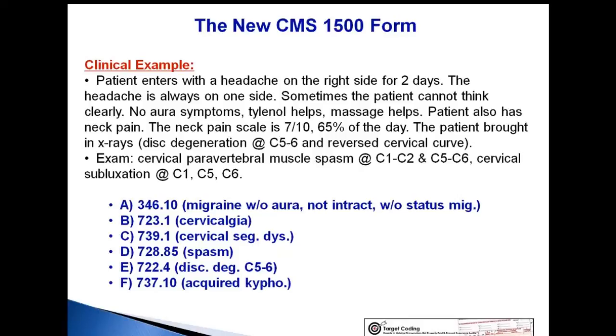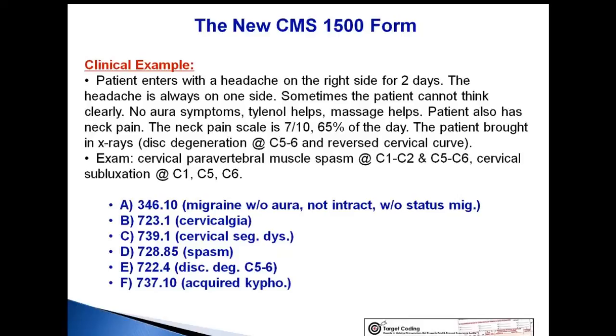You should know if the patient has aura symptoms or not. So what's aura? Aura is that perceptual disturbance that occurs before the headache even starts. So the patient might have different smells and confusing thoughts and can't think clearly, and this is before the headache even occurs. So this patient didn't have any aura symptoms.